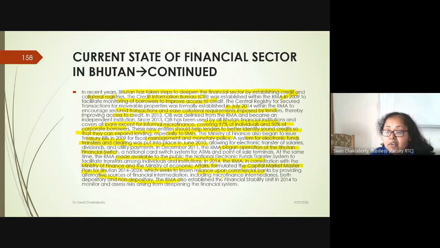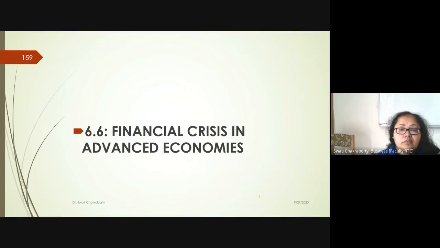That includes microfinance intermediation, both depository and non-depository. RMA also established the Financial Stability Unit in 2014 to monitor and assess the risk which arises from the financial system. The last topic that we have is financial crisis in advanced economies.